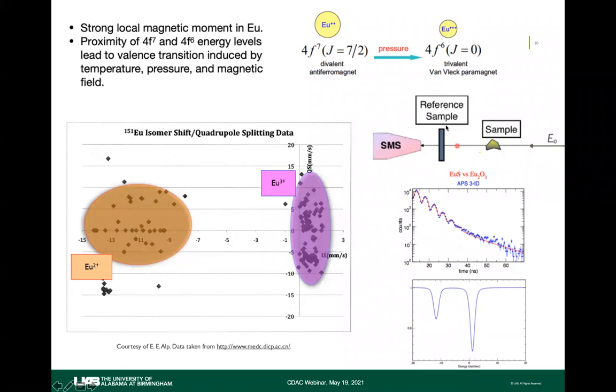For example, typically we use EuS as a 2+ standard, or Eu2O3 or EuF3 as a 3+ standard. In this example, there is EuS and Eu2O3. We see an almost periodic beating pattern, and that beating frequency reflects the energy separation in the traditional lab data. So by fitting this beating pattern, we can resolve the isomer shift of the sample.